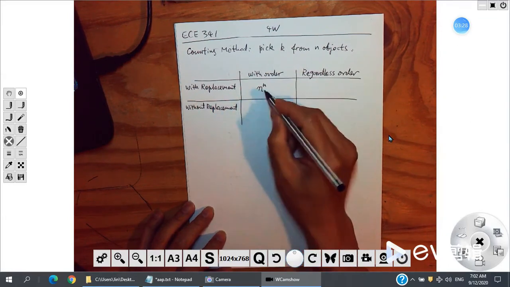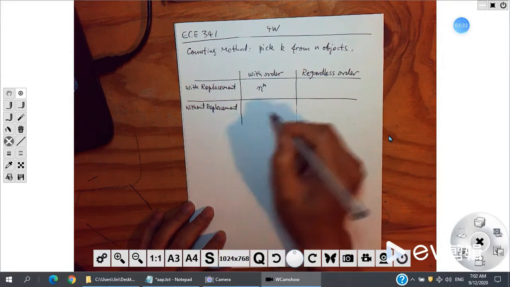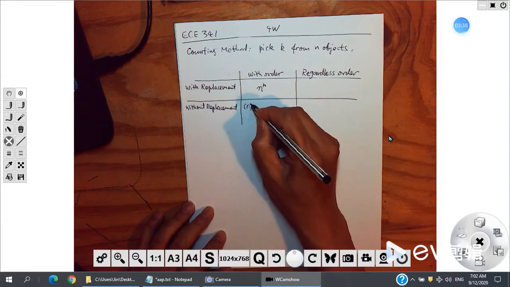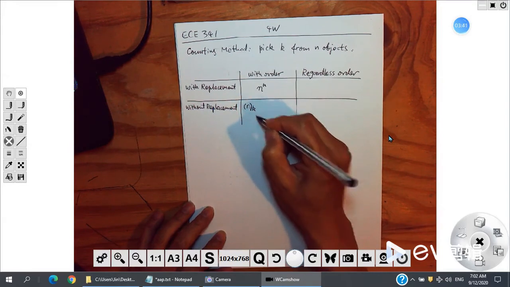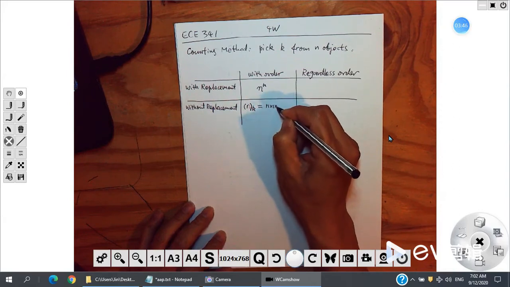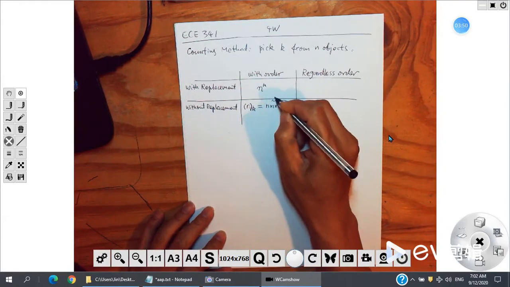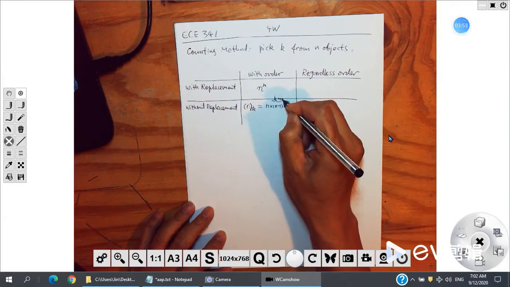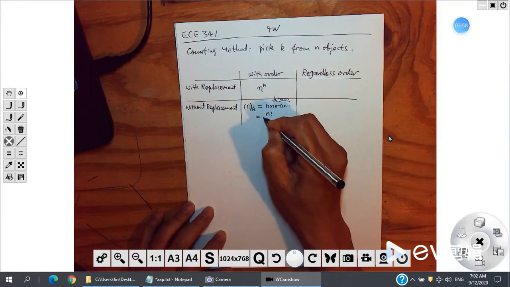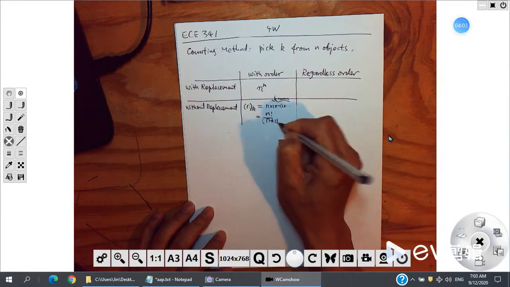And if you pick the objects without replacement, then the total amount will be denoted by this, n times n minus 1 times, totally k terms, and this is n factorial over n minus k factorial.